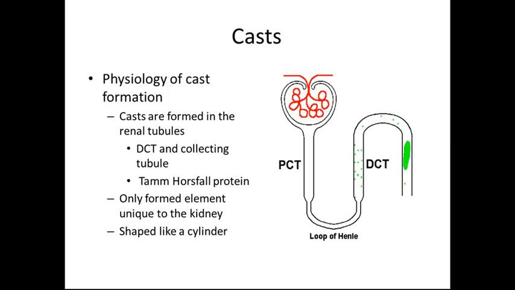And then there are different urinary components as they pass by these structures, such as red blood cells or epithelial cells, that will then attach to the solid structure. And then the protein structure detaches from the epithelial cell lining of the renal tubules and is excreted as a cast.